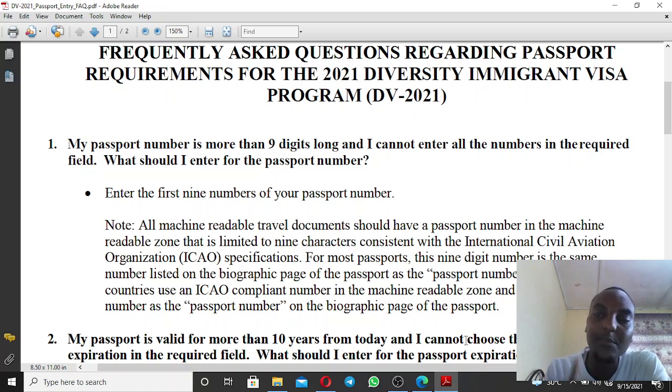And the answer from the Department of State is, enter the first 9 numbers of your passport number. It might happen that the number provided on your passport is more than 9 digits long. So what you need to do is enter the first 9 digits. You will be okay.